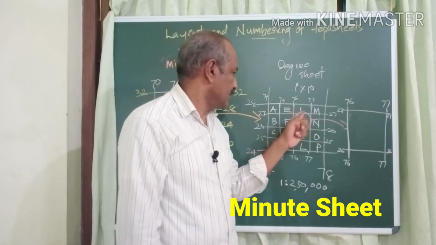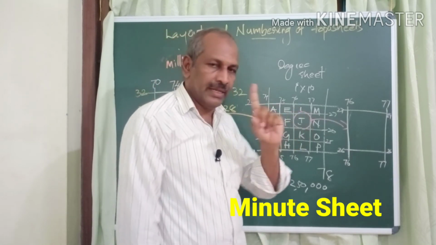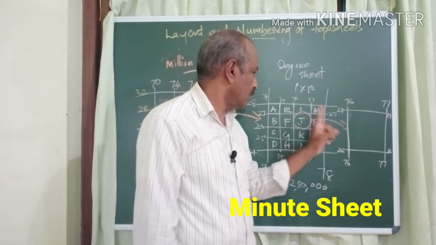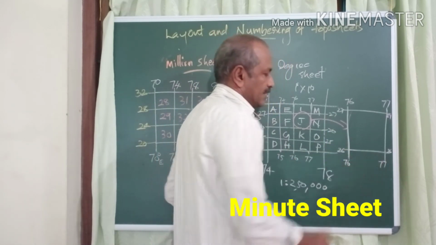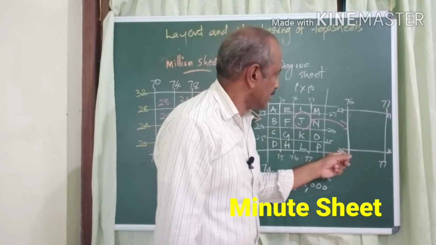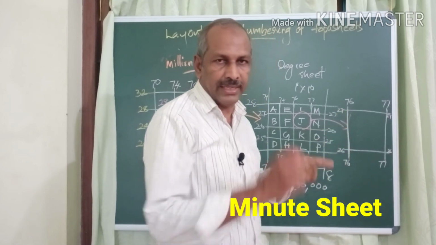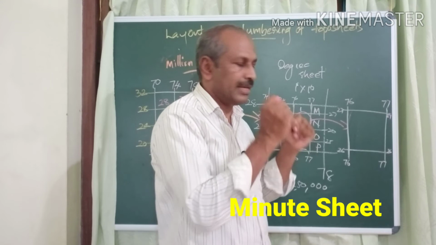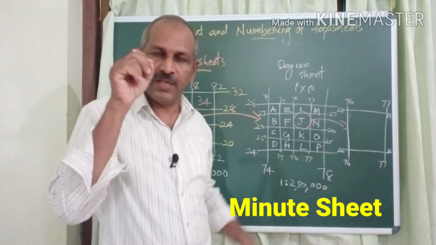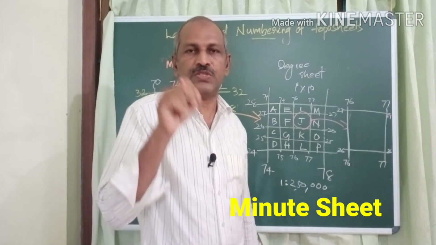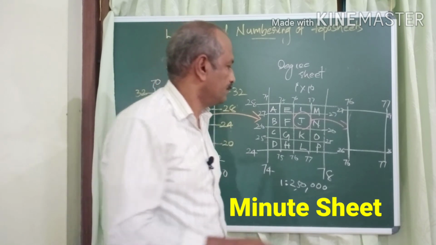Take for example this one, J, a 1 degree sheet. Its longitudinal extension is 76 to 77, and latitude 26 to 27: 1 degree latitudinal, 1 degree longitudinal extension. This degree sheet is divided into 16 equal parts. How?